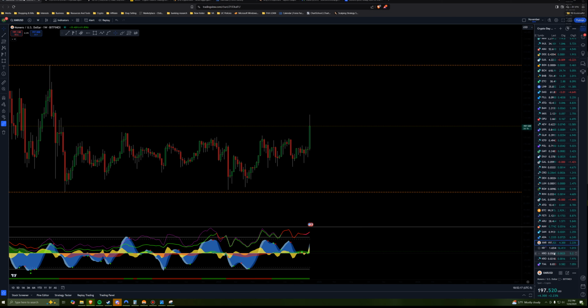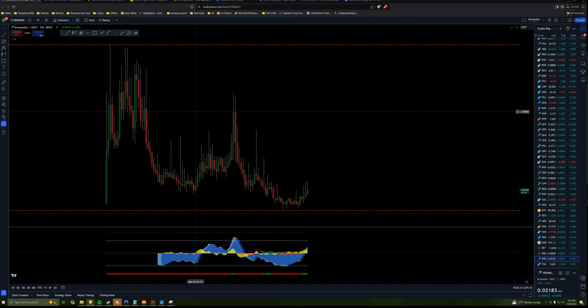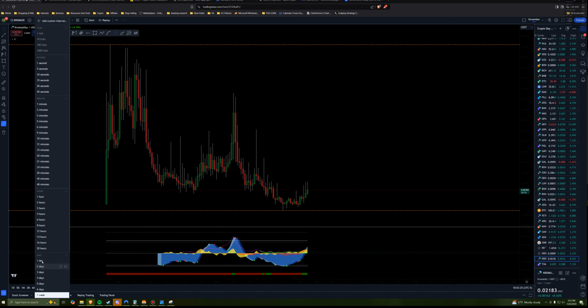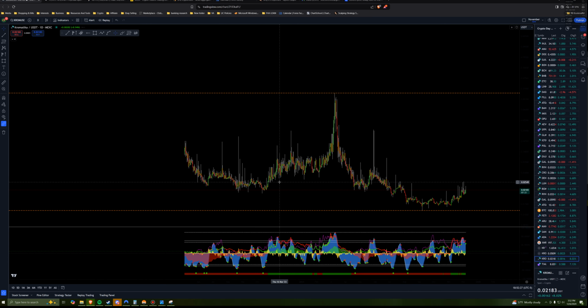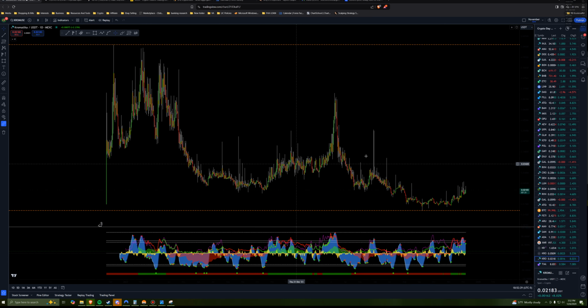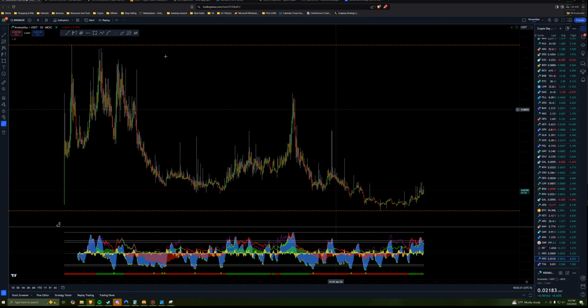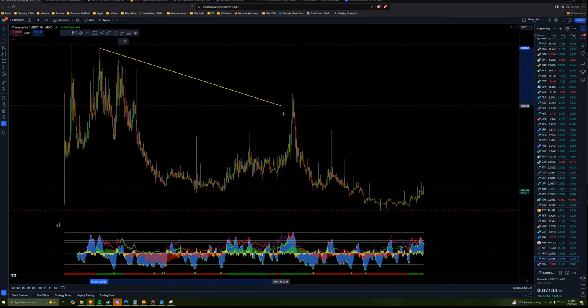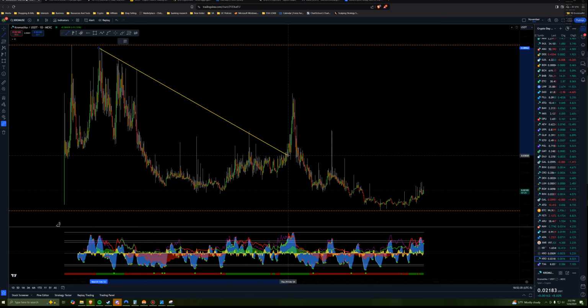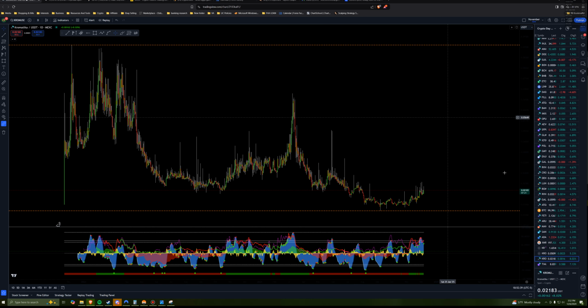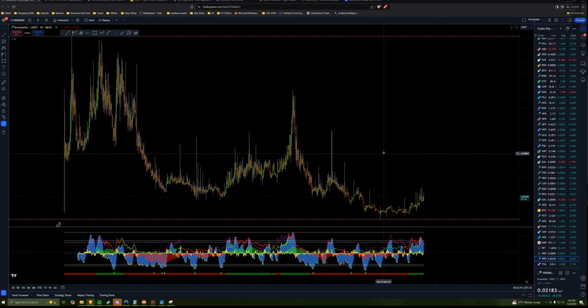Another sleeper project of mine, breaking out of its range, Chromatica. Let's do this on the daily. Fantastic project. Has lots of use case utility. This coin solves a problem.